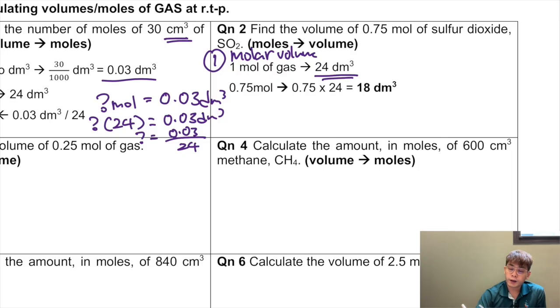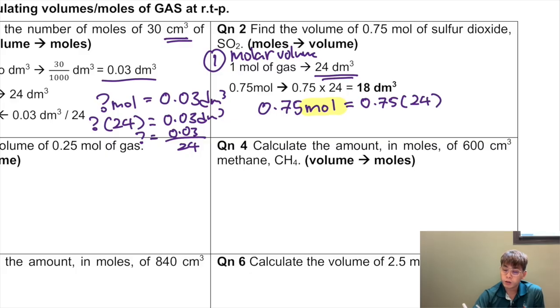After that, I want to find the volume of 0.75 mole. So I take 0.75 mole, and since 1 mole is 24, I can change the word mole to what 1 mole means. In gases, 1 mole means 24. So 0.75 times 24, and I press my calculator and that gives me 18 dm cube.